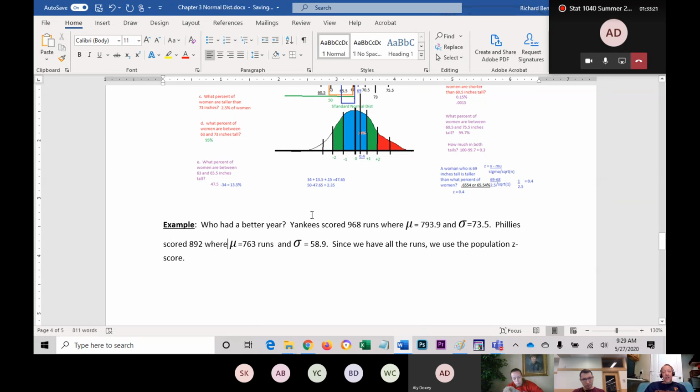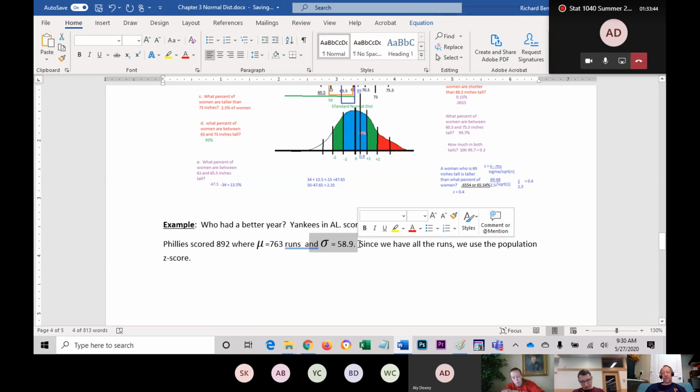So the idea here is the Yankees are in the American League, the AL, American League. They scored 968 runs, where the mean was just 793. The standard deviation was 73.5. The Phillies scored 892 runs, but in their league the mean was 763, and they had a standard deviation of 58.9.